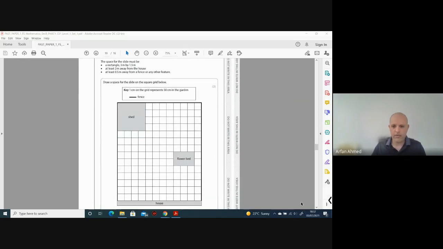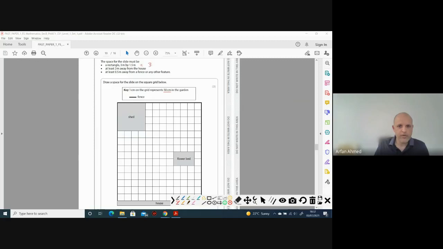Let's have a look. So I'm going to draw. If it's 50 centimeters for each square, let's change these to centimeters actually.